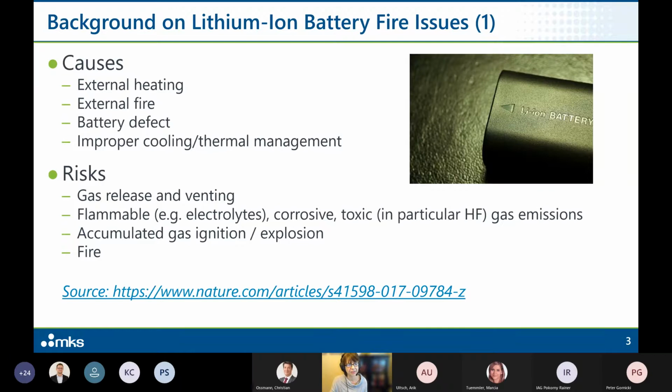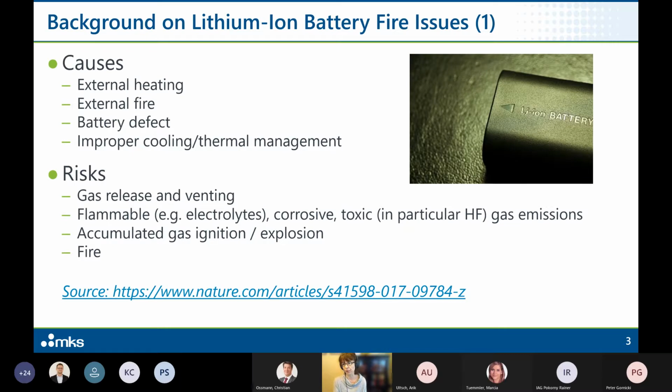What happens is that some gas is released and vented, and some of these gases are flammable or corrosive or toxic.